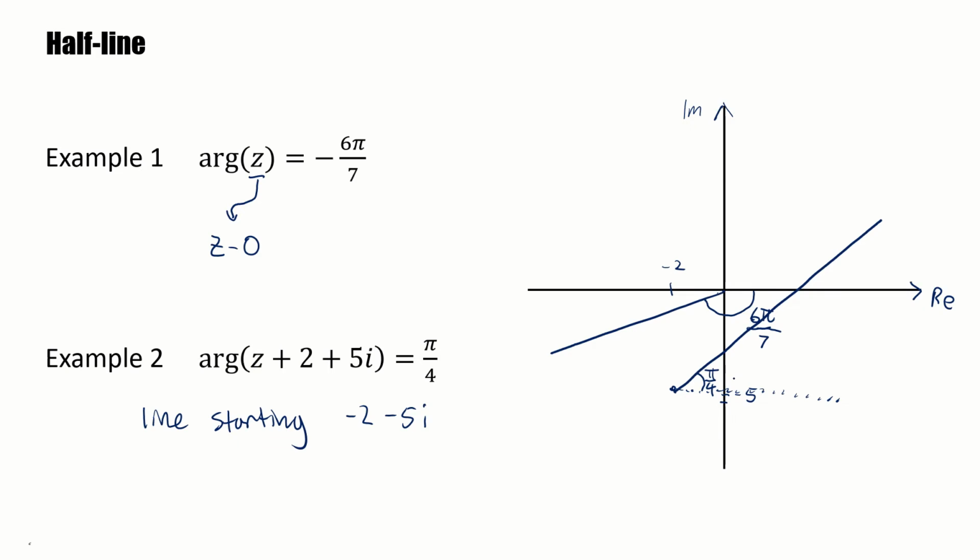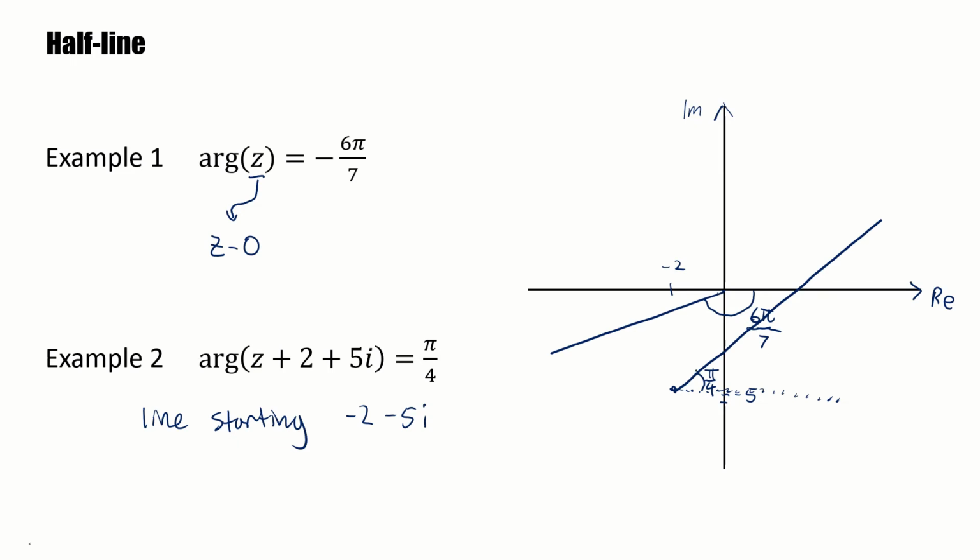However, something worth pointing out as well is, again, little things that they expect you to notice. Because pi over 4 is a very nice angle, you might remember that pi over 4, 45 degrees, is the same as saying a gradient of 1. And a reminder, if something's got a gradient of 1, that means every time it goes 1 to the right, it goes 1 up. And then the opposite is true for negative. Gradient of negative 1, every time you go 1 to the right, it goes 1 down.